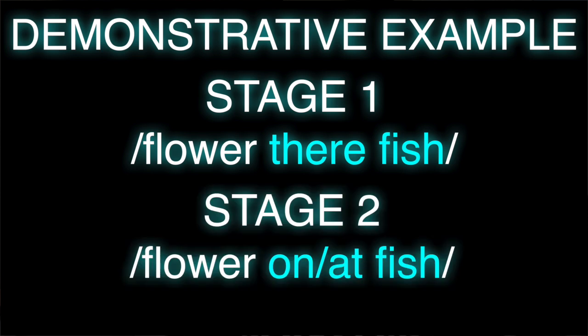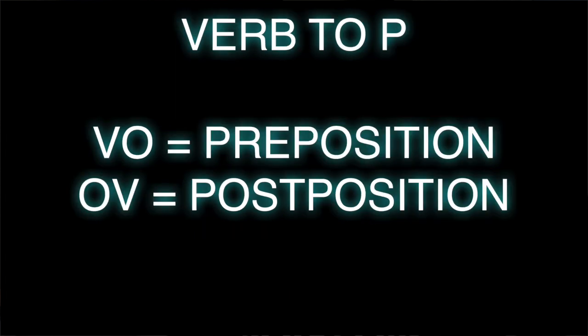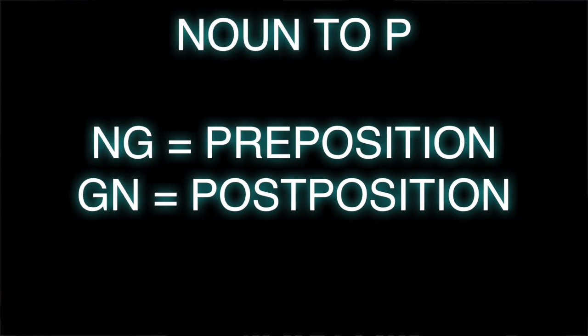So if you ask, well, what's the order going to be? It's going to be the same order as the object and the verb when the adposition comes from a verb. The same order as possessor and possessee when the adposition comes from a possessor, right?